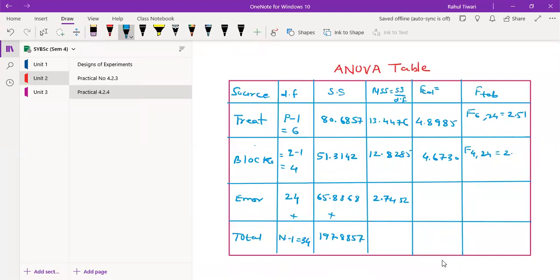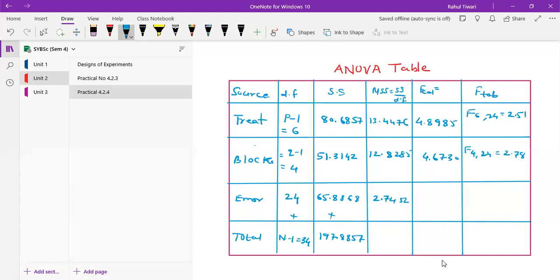So this is also greater than this one. This is also greater than this one. So both are rejected. If the FCal is greater than F tab, then we reject the null hypothesis. So in both cases, we have found that the treatment effect is rejected and blocks are also rejected.